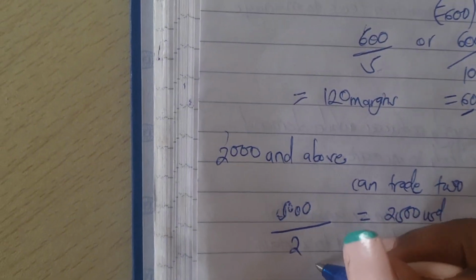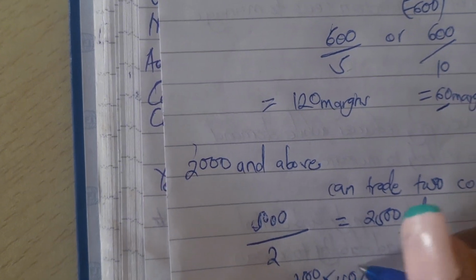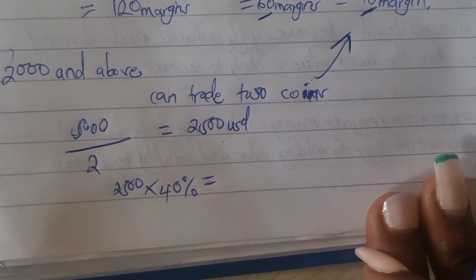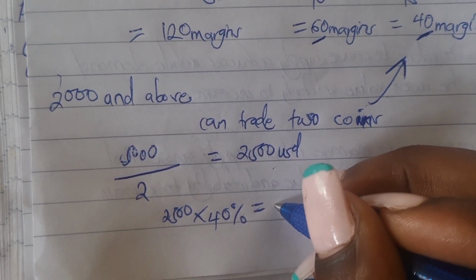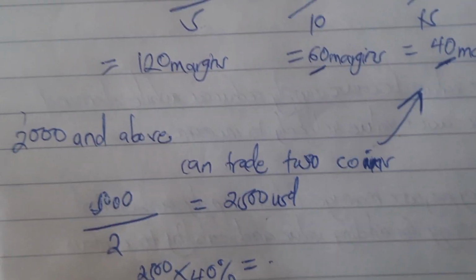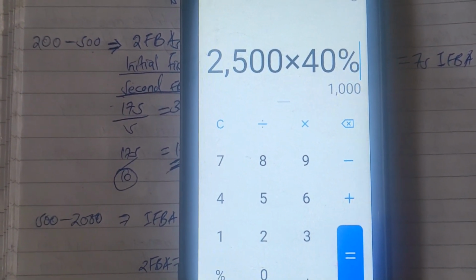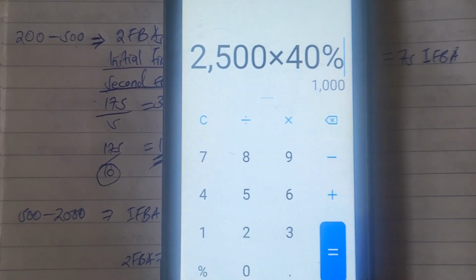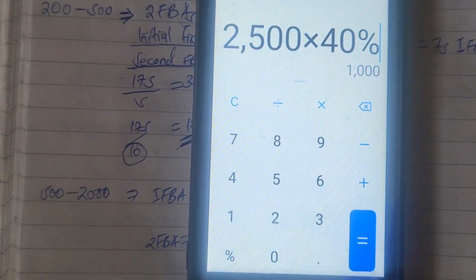So it's going to be 2,500 times 40% to get the initial first buying amount that you're going to put in the market, which is 1,000. So your initial first buying amount is going to be 1,000.